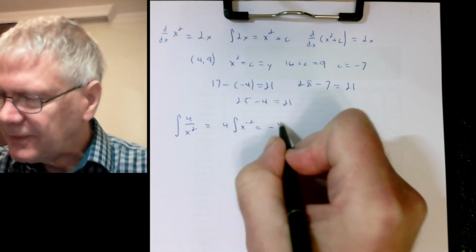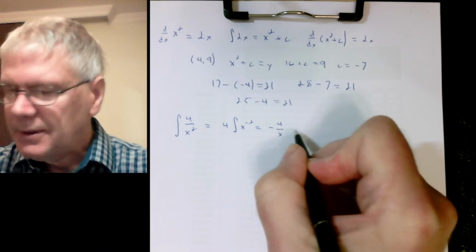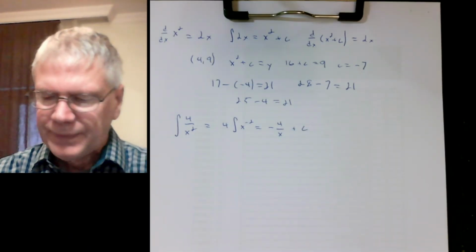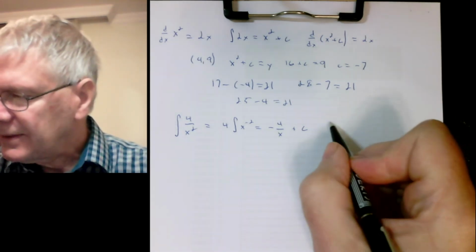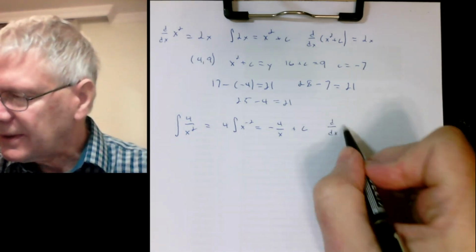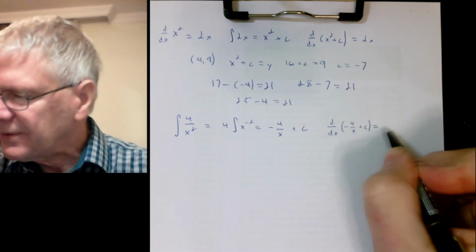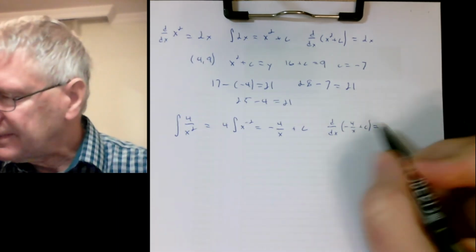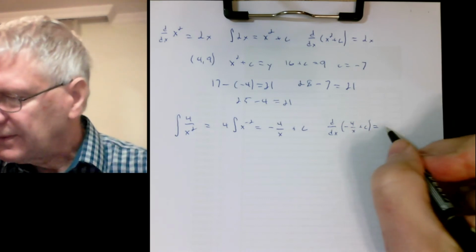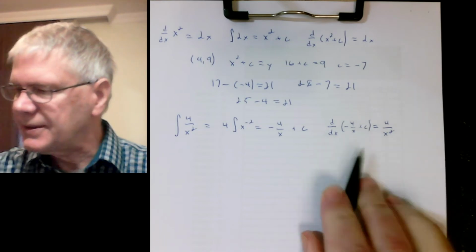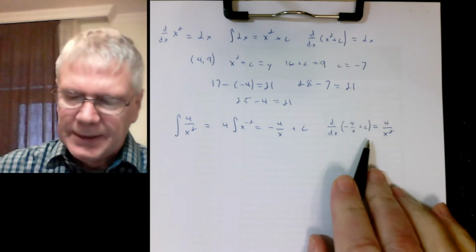That's minus 4 over x plus my c that I don't want to forget. And we can check that. The derivative of minus 4 over x plus c is equal to 4 over x squared. And the c has no derivative.